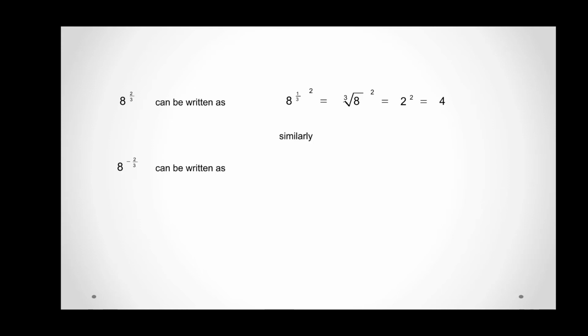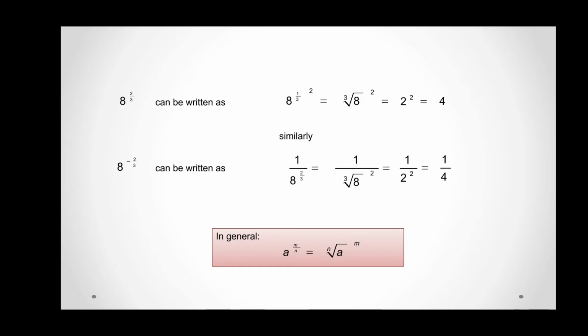Similarly, 8 to the power minus 2 over 3 also you can write as 1 over 8 to the power plus 2 over 3. So the same thing you can do here also. That is equal to the cube root of 8, and after that you have to take the square of that, then that's equal to 1 over 4.